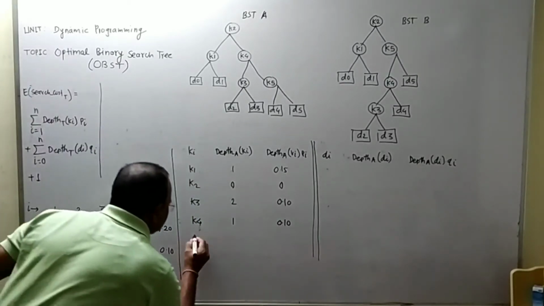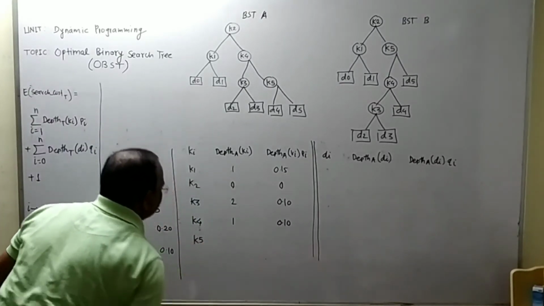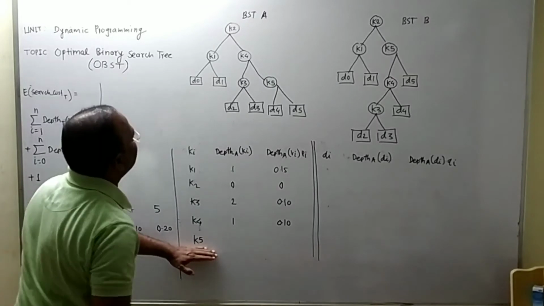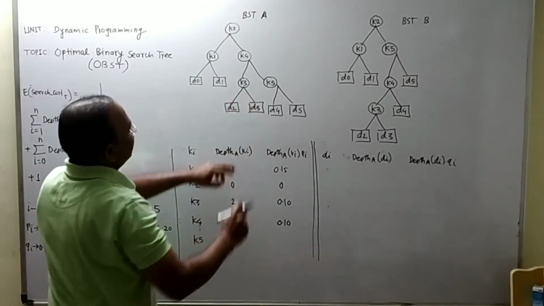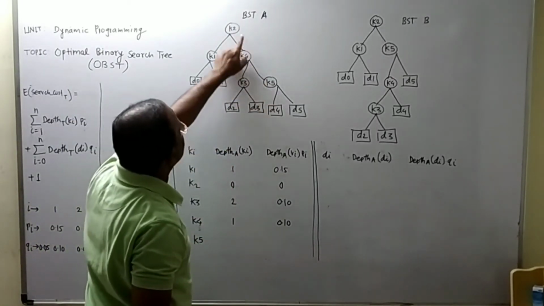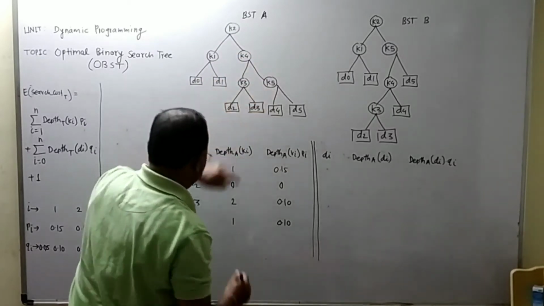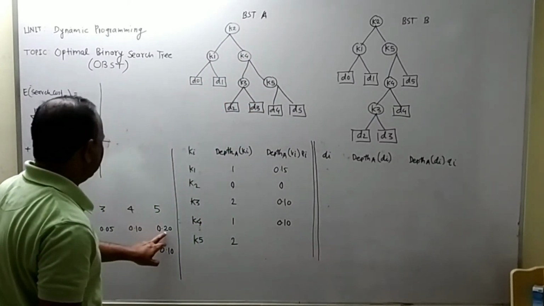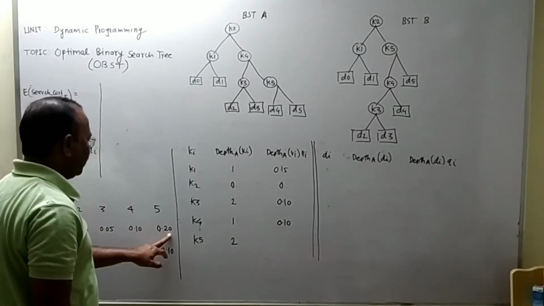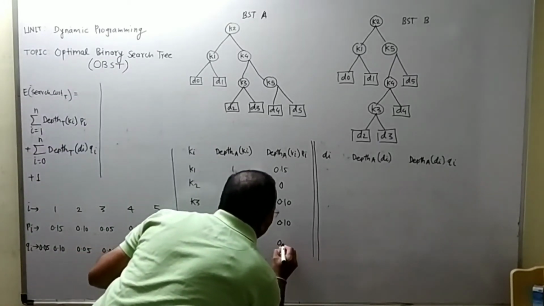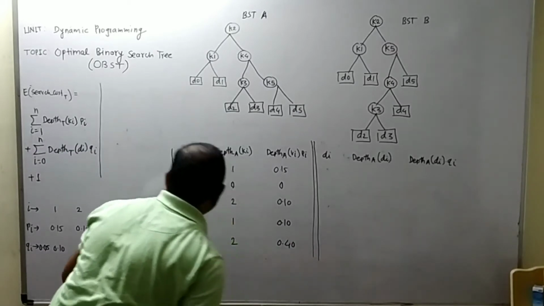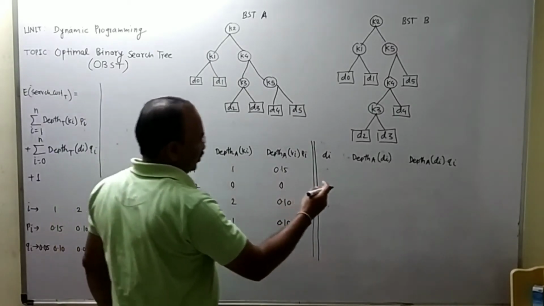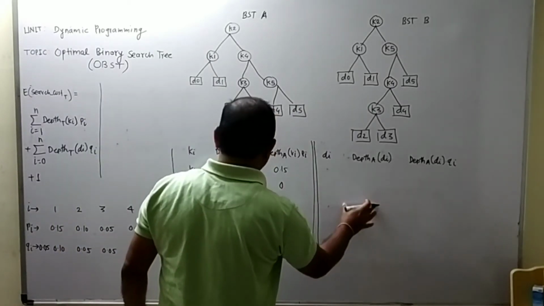Similar way, find out the depth of K5 from BST A. Here is K5, depth is 0, 1, 2, and probability is 0.20. It means that 0.40.